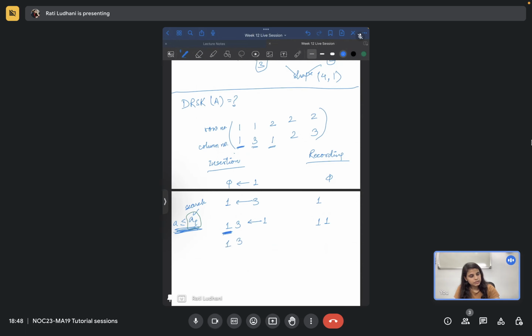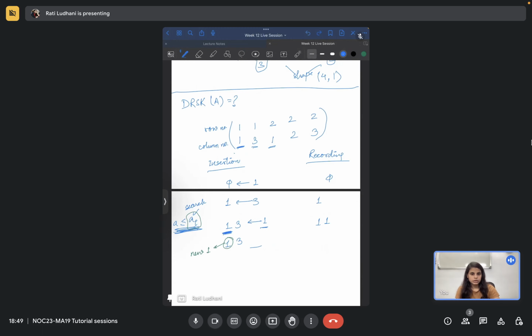This is the new one, meaning the number you inserted. In the next row you will insert 1.